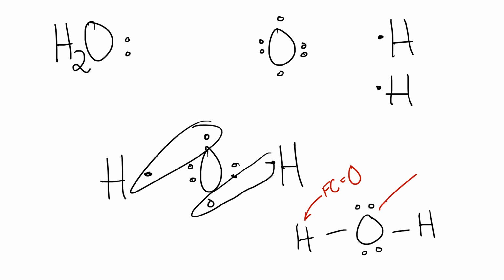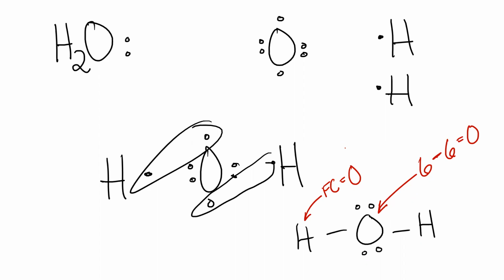Formal charge on oxygen. Number of valence electrons oxygen starts out with: 6. If you've forgotten, look at your Lewis structure. Your Lewis dot structure already shows you the 6 valence electrons. Minus number of things surrounding it. A dot, a dot, a dot, a dot, a line, a line. That's 6. So 6 minus 6 gives you 0.